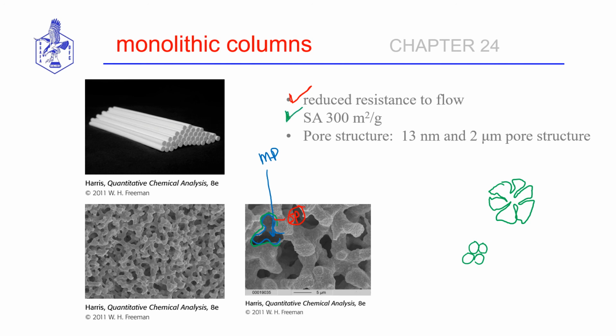We still have a very high surface area stationary phase structure, so we are not limiting the capacity of the column. And so we have kind of two sets of pore structures in here. You know, we have the big wide open 2 micron pores that allows the mobile phase to flow through easily, and then we have little tiny pores that improve that surface area.